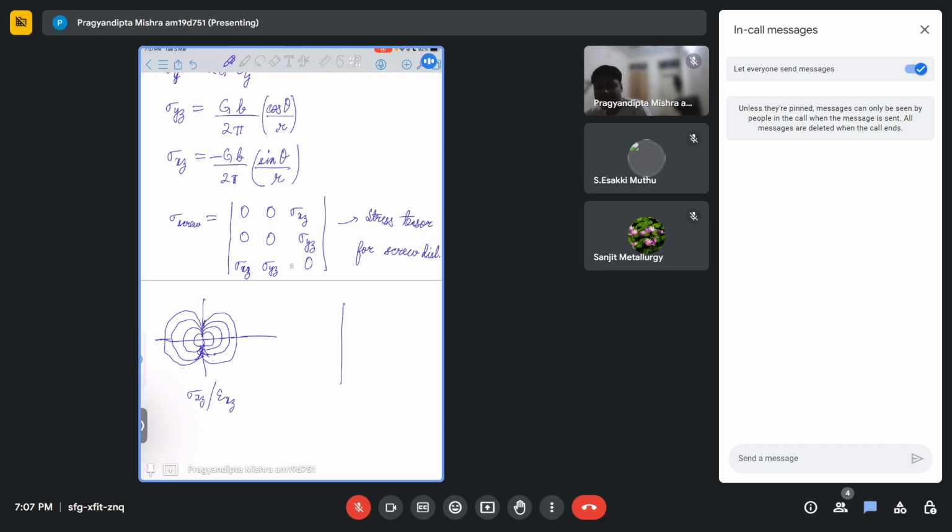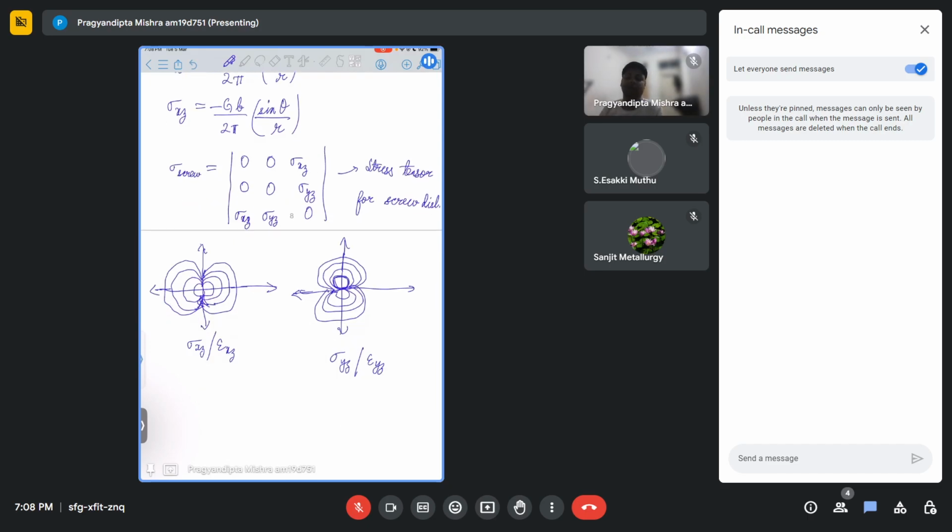While for yz, it will look something like this. So this is sigma yz or epsilon yz. The fields will look like this.